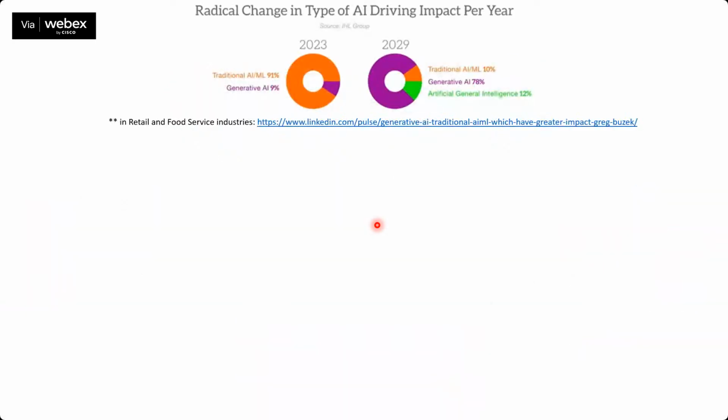Now I'll quickly skip to a data point. As of last year, of AI projects, about 90% were traditional ML, and only 5-10% were generative AI, and a lot of these projects are still in POC mode. Though in the last 3-4 months, we have started seeing a lot of our POCs actually go into production.